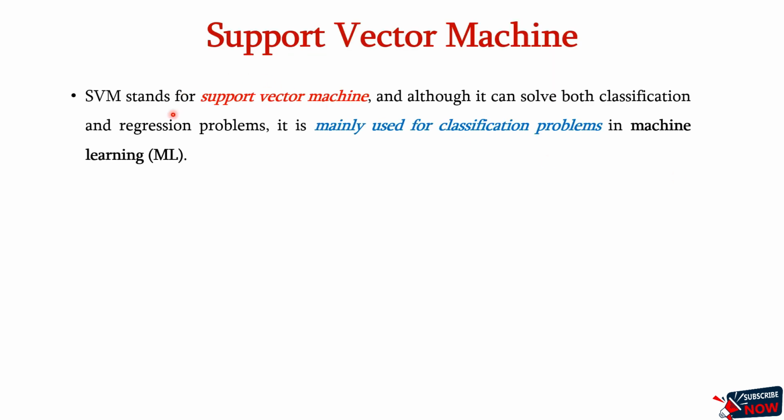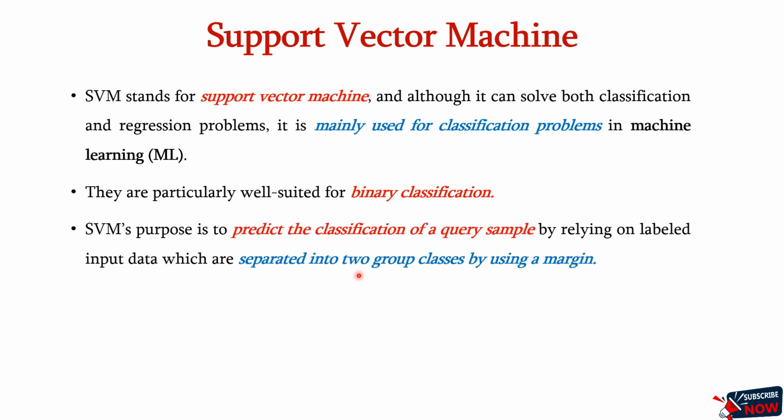SVM is a supervised learning method which stands for support vector machine. And although it can solve both classification and regression problems, it is mainly used for classification problems in machine learning. They are particularly well suited for binary classification.